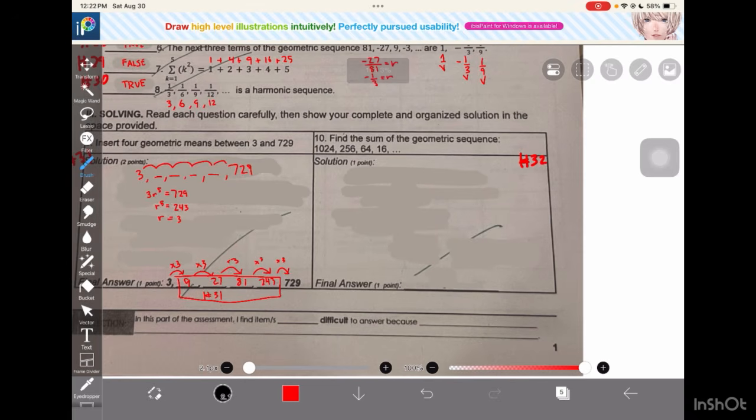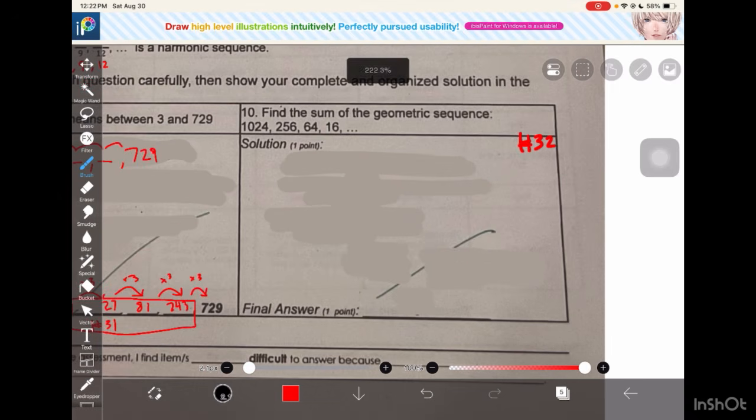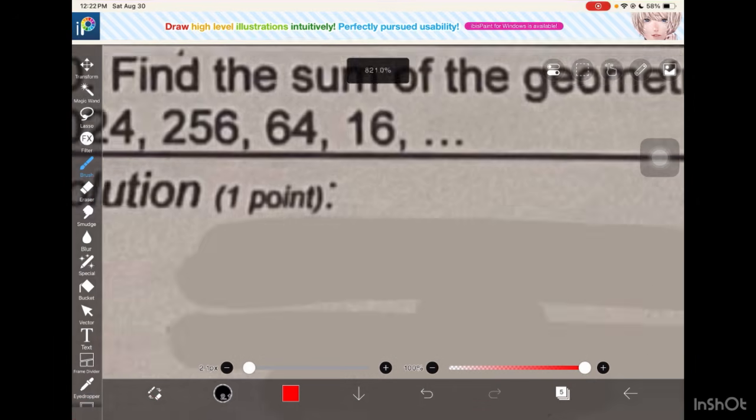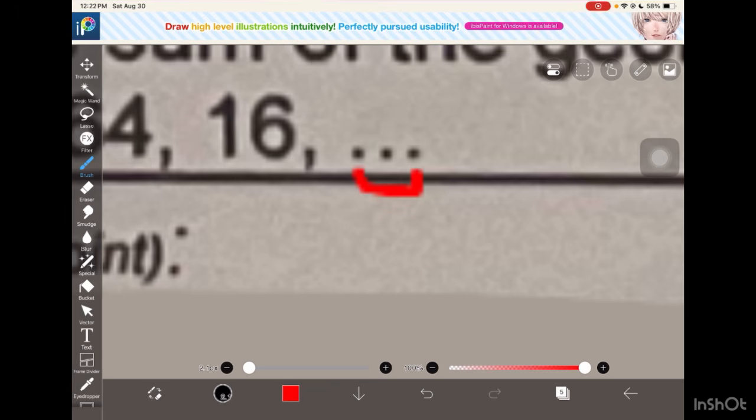Alright, number 32. Find the sum of the geometric sequence 1024, 256, 64, 16, and so on. Recall what I said: is this a finite or infinite geometric sequence? It's infinite because of these ellipses indicating it goes on forever.